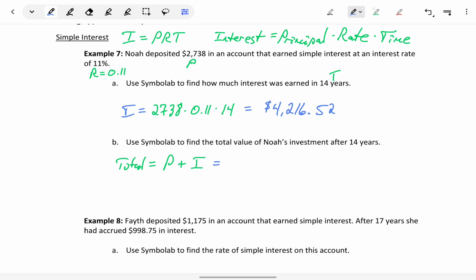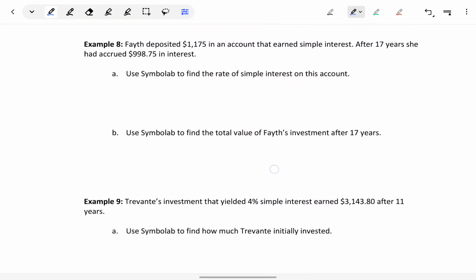So in this case, that would be that principal of 2,738 plus the interest of $4,216.52 would add together to give us a total of $6,954.52. So that's the total value of the investment, including the amount that Noah put in upfront and deposited initially into that investment.